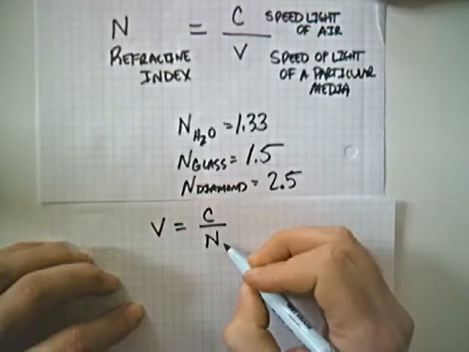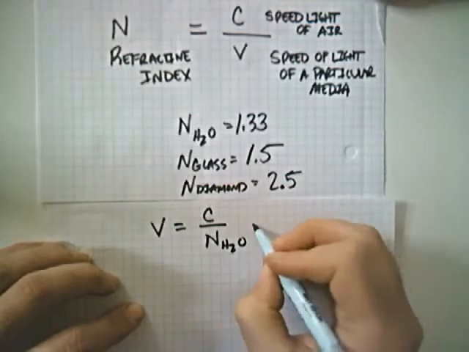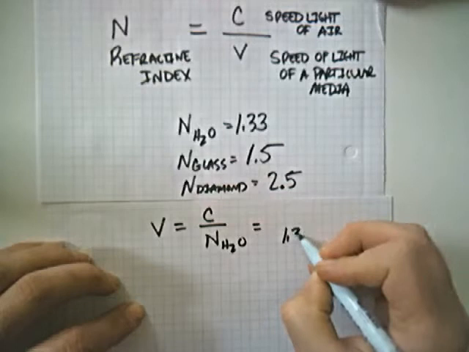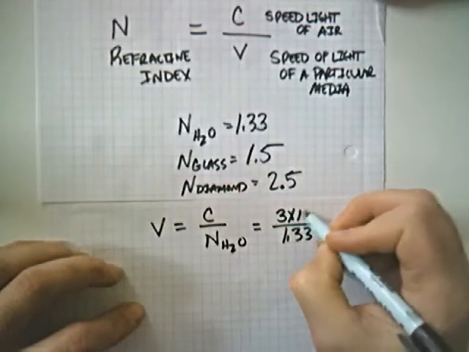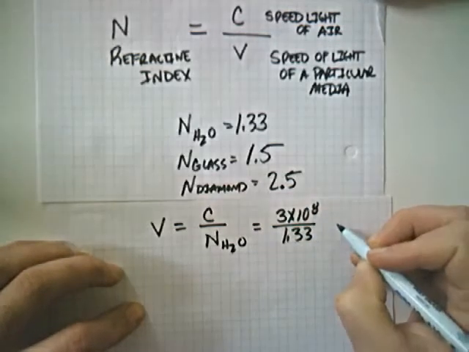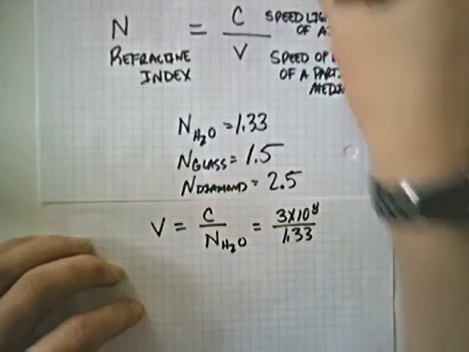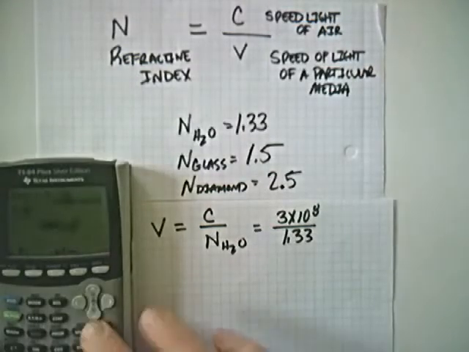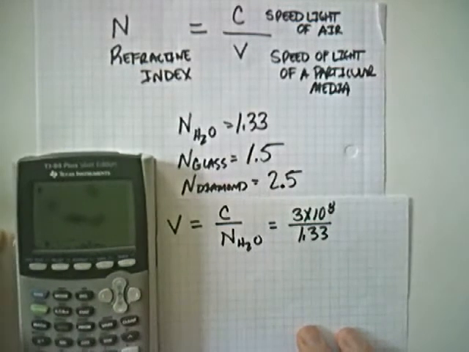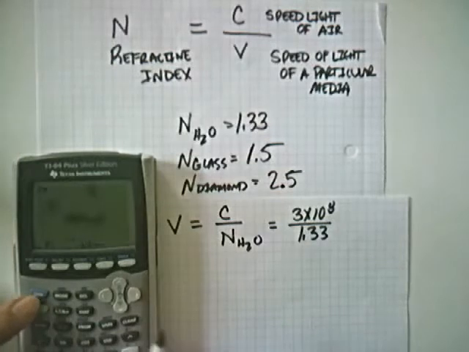So let's do it first for water. I just told you that the N value for water is 1.33. The speed of light in air or vacuum is going to be 3 times 10 to the 8th meters per second, 670 million miles an hour. And then we can just divide these two things and we can get how fast it's going to be going when it goes into the boundary or when it bends. So it's going to slow down because the N value is higher.